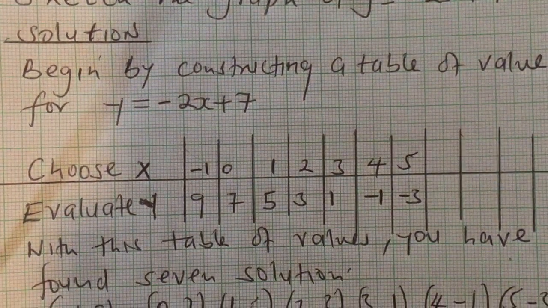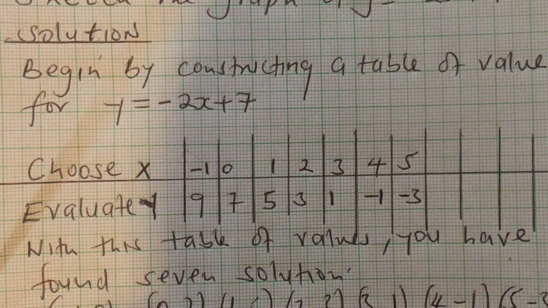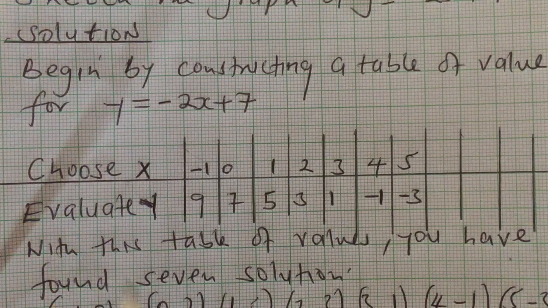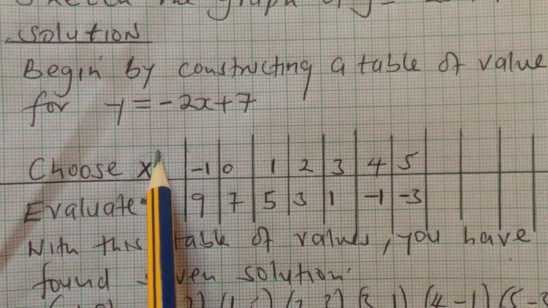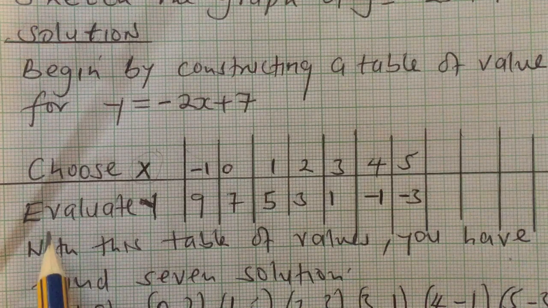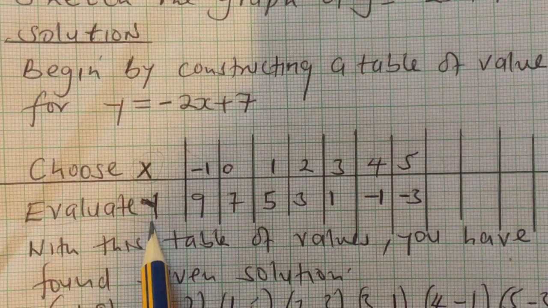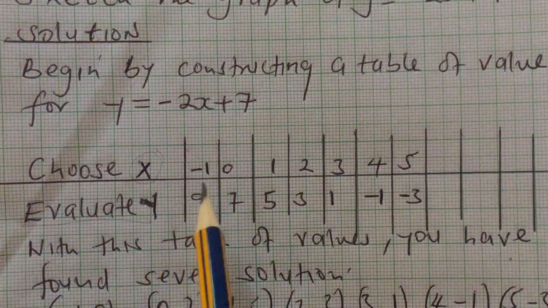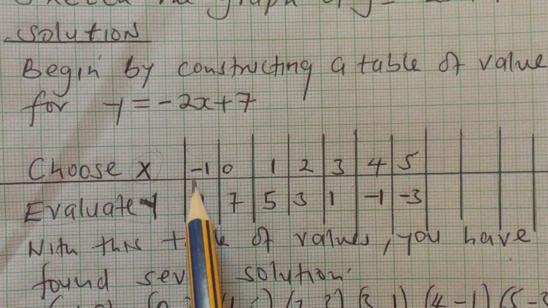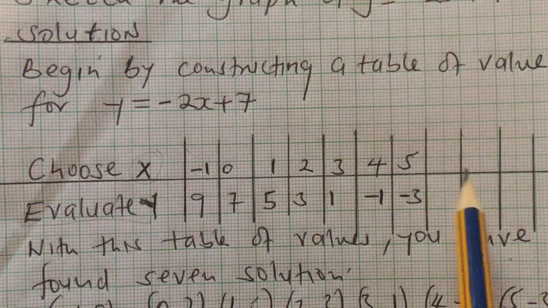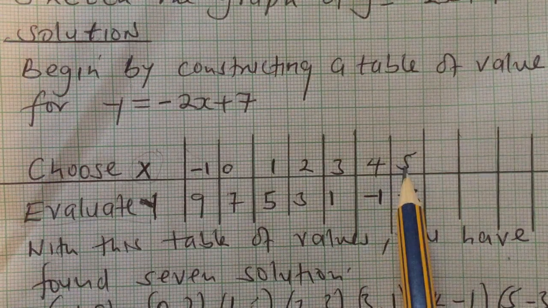For you to come up with a clear table, first of all you have to choose the range of values of x, and then evaluate the values of y. For this case, I've decided to have a range of x from -1 to 5.